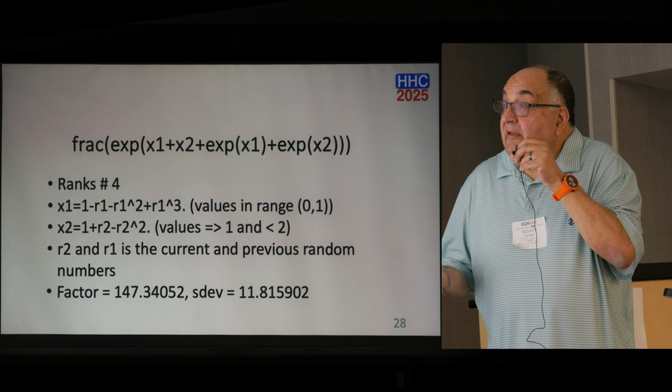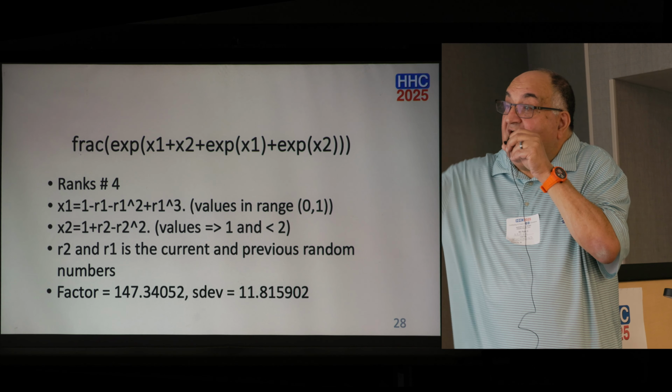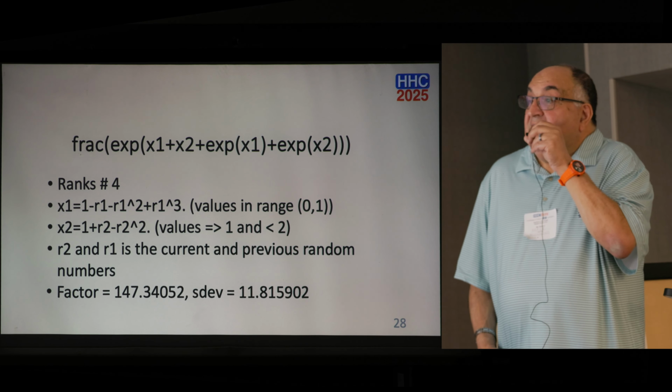The number 4, same, but I also changed how I calculate x1. Now I'm using a cubic polynomial of R1 to calculate x1 and a quadratic polynomial of R2 to calculate x2. And I get 147.3. That's still very good.